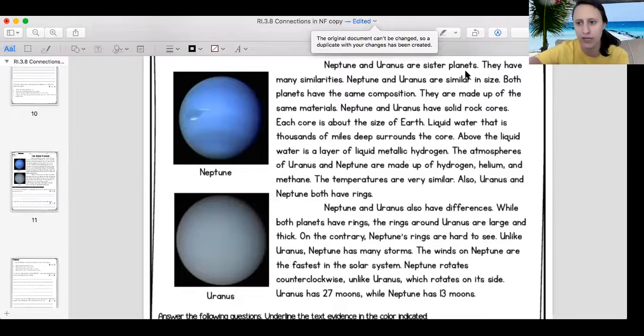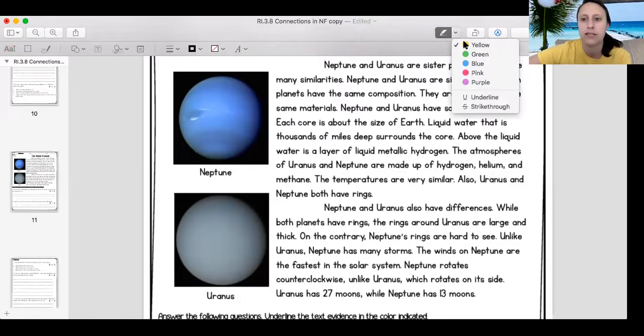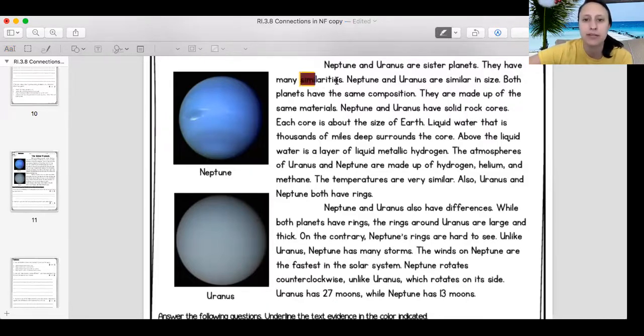I know we've already kind of talked about it, that you may have some features that are the same, but you also may have some features that are different. So let's see what they say. They have many similarities. You know what? I am going to highlight all of my signal words. And I'm going to highlight my signal words yellow. Okay? So they have many similarities.